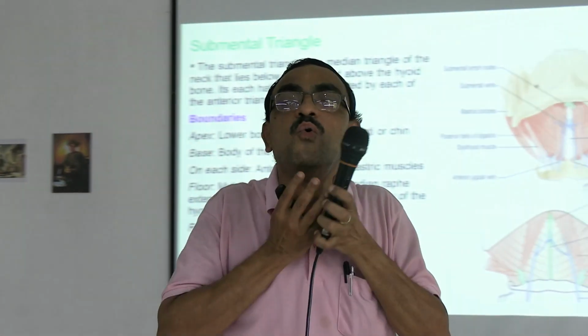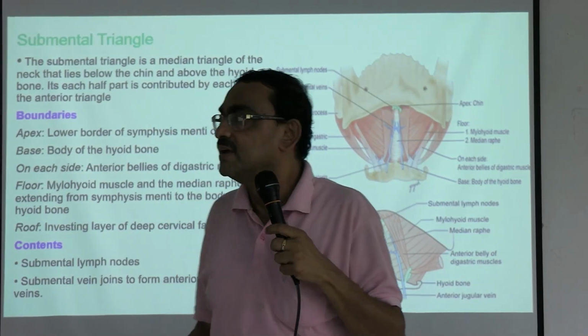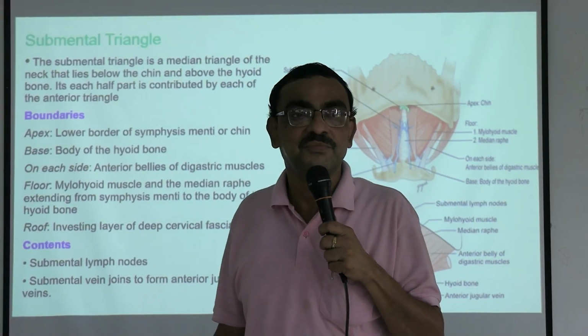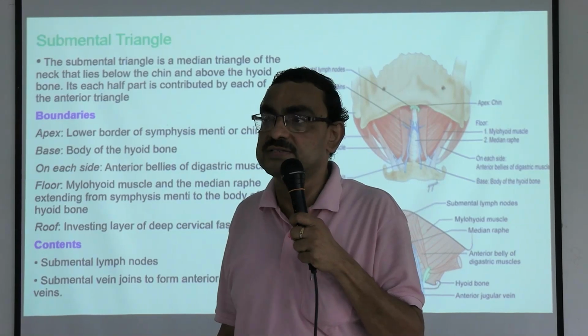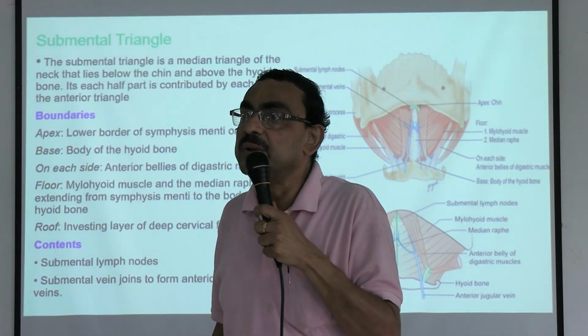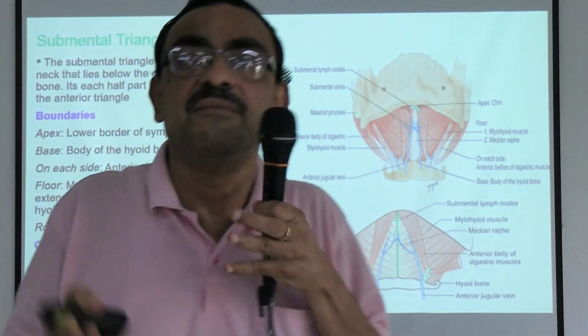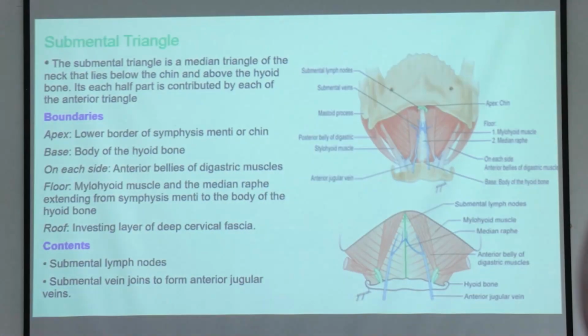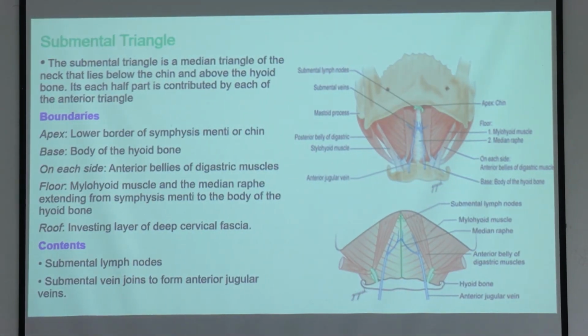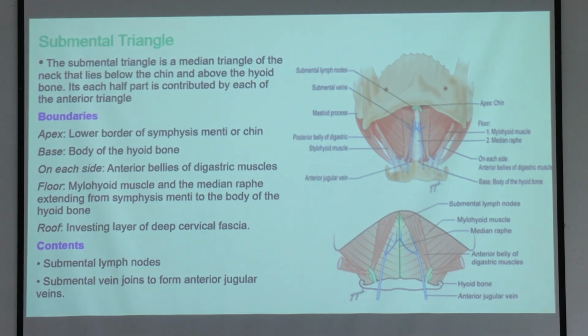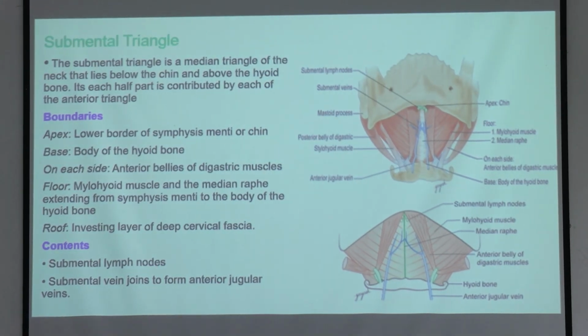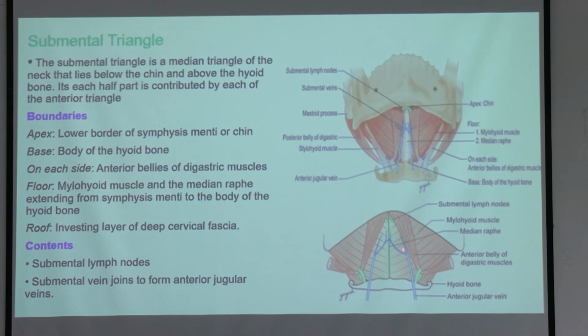And it forms an oral diaphragm, which is called diaphragma oris. Oris means opening of the mouth. So it looks like a diaphragm. So it's called diaphragma oris, or the mylohyoid muscle.